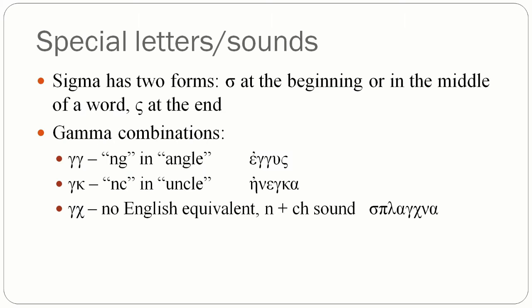But yeah, the gamma plus the khi, the example word that I have here is a great word. This word in the New Testament means entrails or bowels, like your intestines, but it is used as the seat of your emotions and feelings in the Hellenistic Greek world.